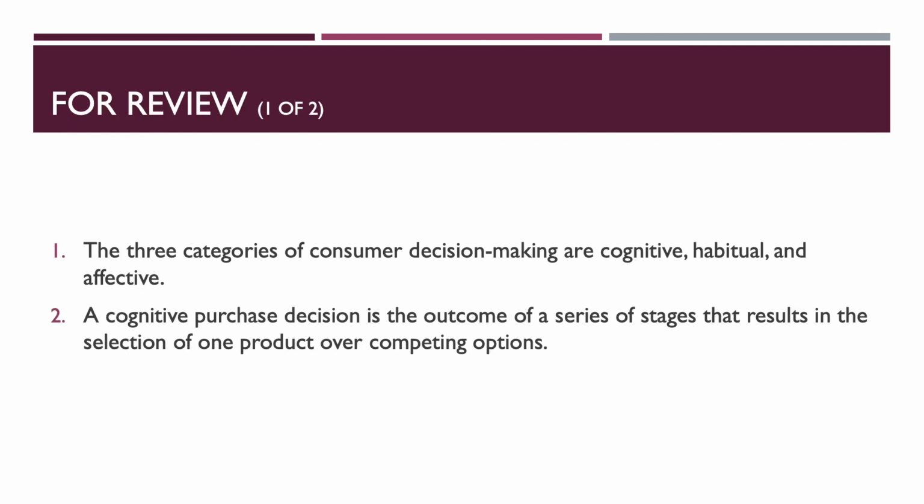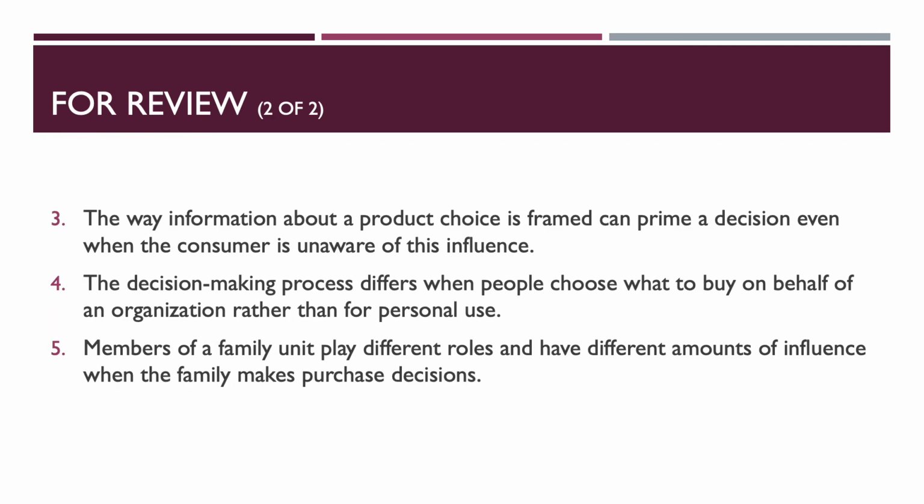In this chapter, we focused on five learning objectives. We learned the three categories of consumer decision making, which are cognitive, habitual, and affective. We learned the stages in the cognitive decision making process, and we learned the outcome of a series of stages that result in the selection of one product over competing options.